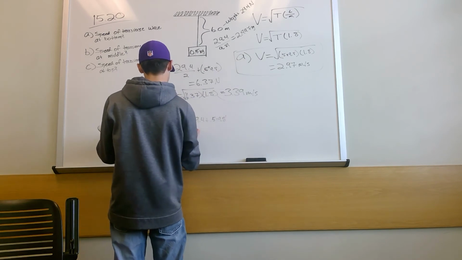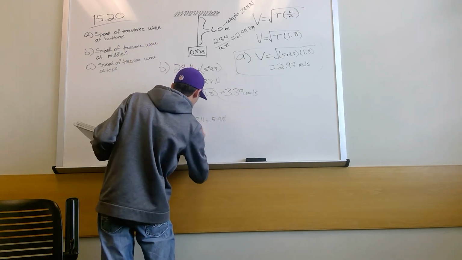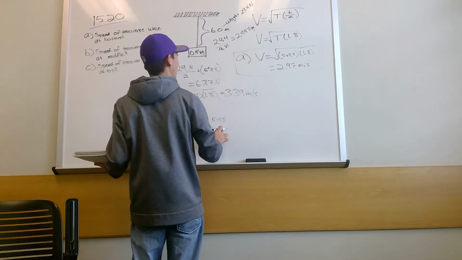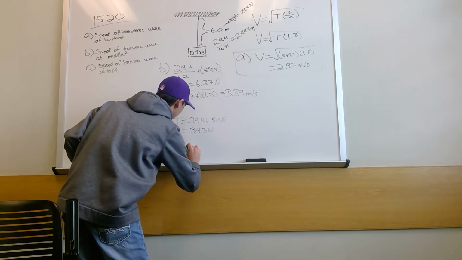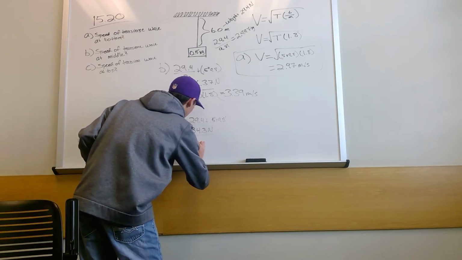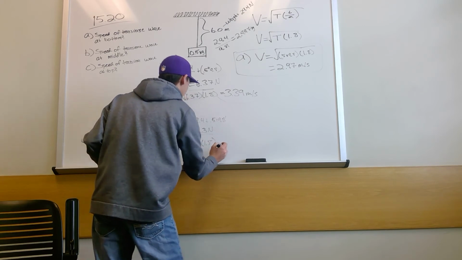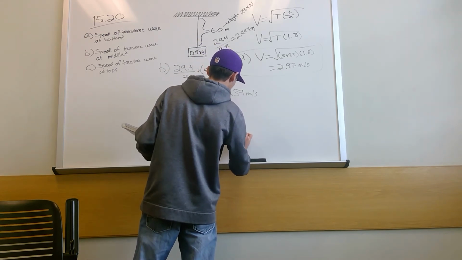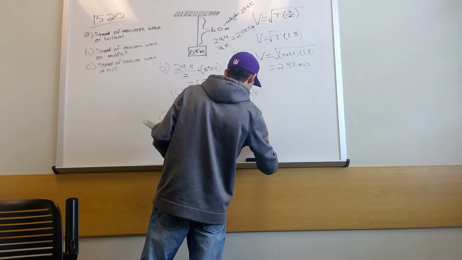And that's going to give us a tension equal to 34.3 newtons. Plugging that back into this equation, we get the speed of the transverse wave equal to the square root of 34.3 times 1.8, which equals out to be 7.86 meters per second.